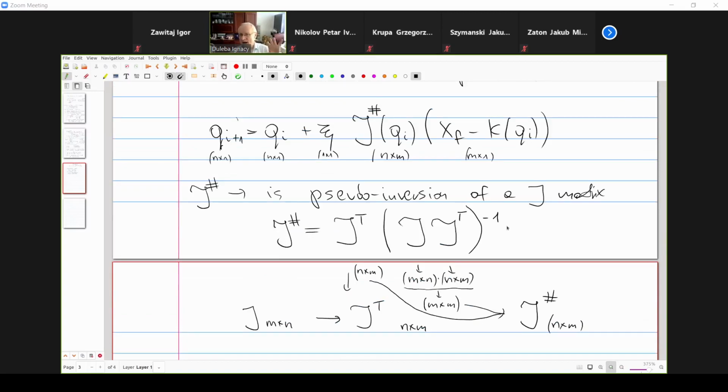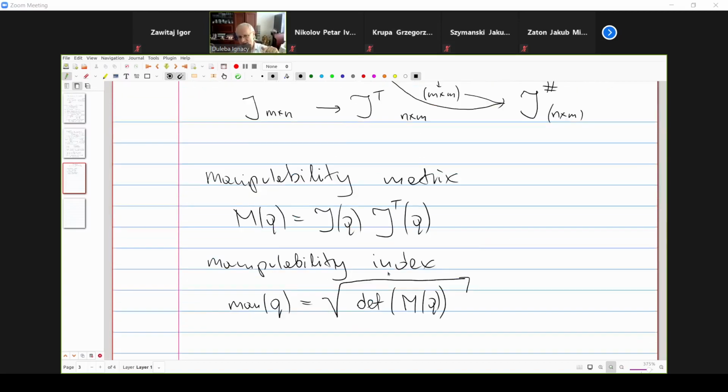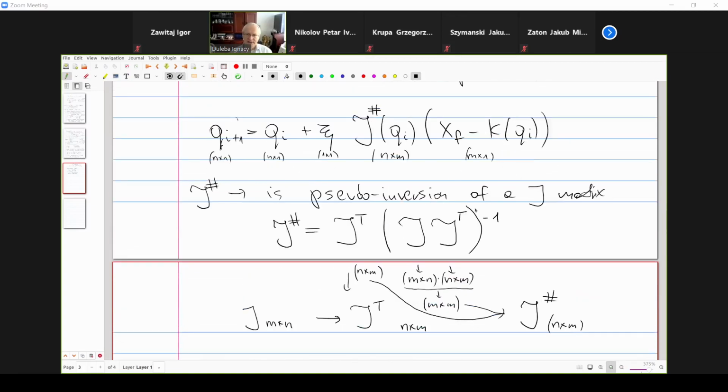So it is quite a visible sign that some matrices cannot be inverted. So we just examine the manipulability index, and in this case we can be sure that the formula cannot be applied.